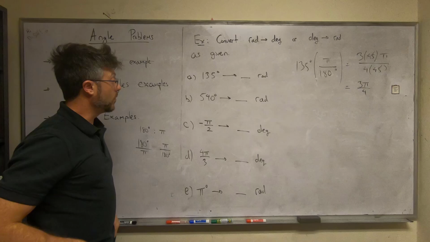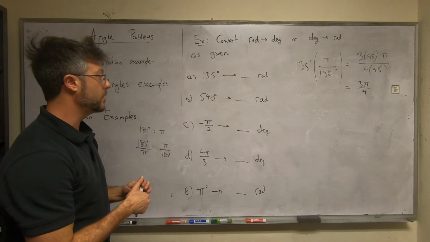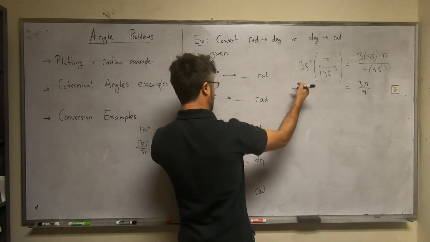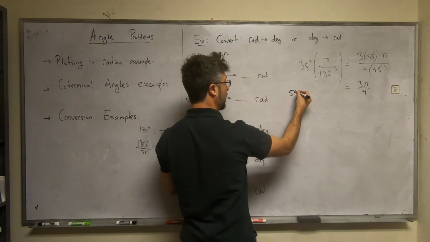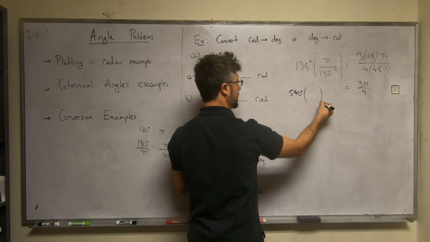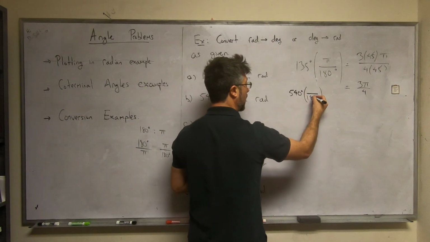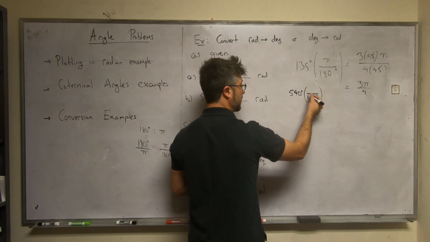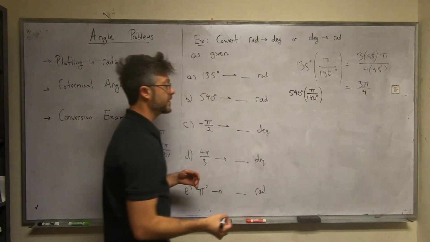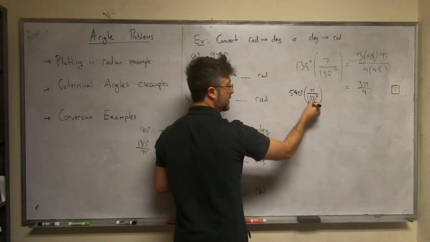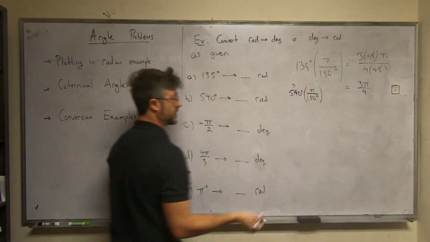Okay, so for the second one, there are 2 things that you could do. We could do it exactly like before, namely we have 540 degrees, so we need to stack our equivalent ratio in the following way. The degree measure needs to sit below, so cancellation occurs, and then maybe you could see that there are 3 multiples there.